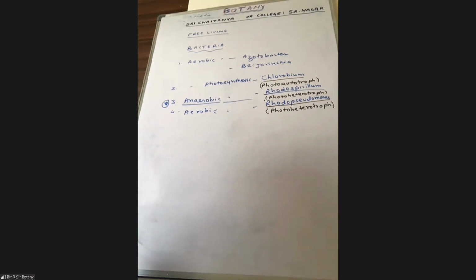Then, of course, what we were to discuss was the mechanism of biological nitrogen fixation as seen in root nodules of leguminous plants. So that was a different thing.